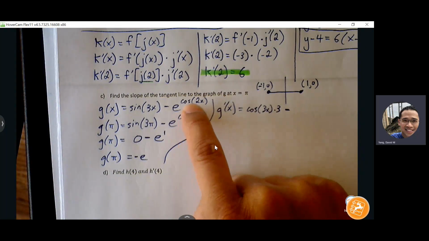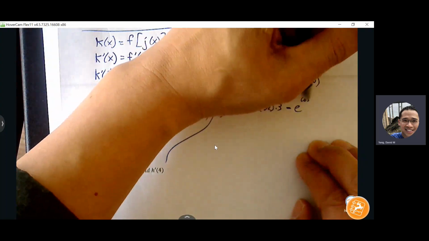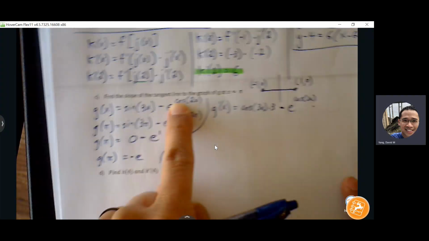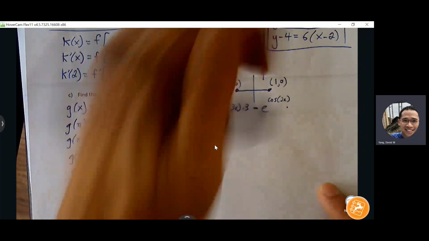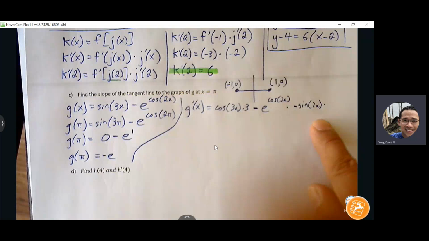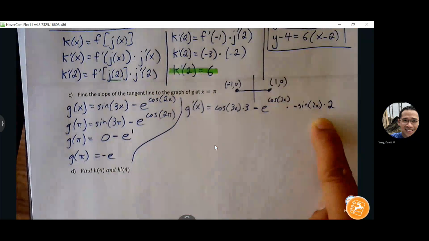E to the u times u prime, but there's a nested chain rule here. So e to the u is e to the cosine of 2x, times cosine's derivative, which is negative sine. And then 2x's derivative is 2.